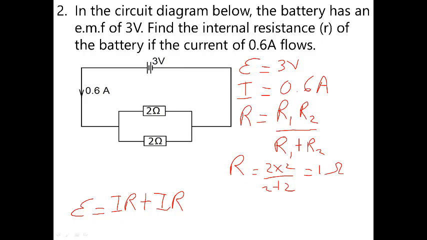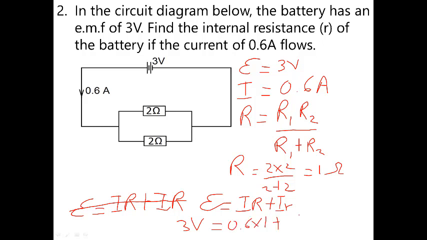This is supposed to be a small r. So E, which is 3 volts, will be equal to 0.6 times R, which is 1, plus 0.6 times small r. You can use this to get the value of small r. Get me the answer, please.